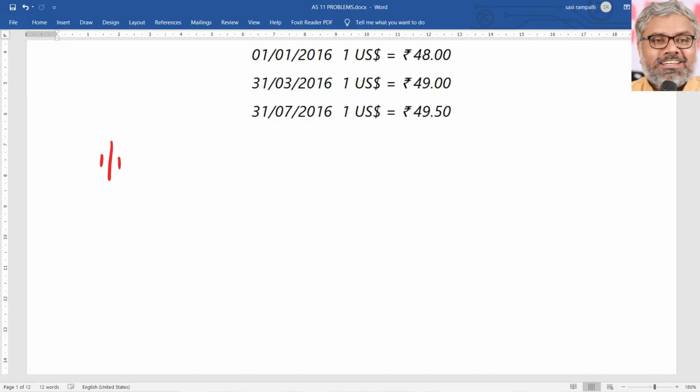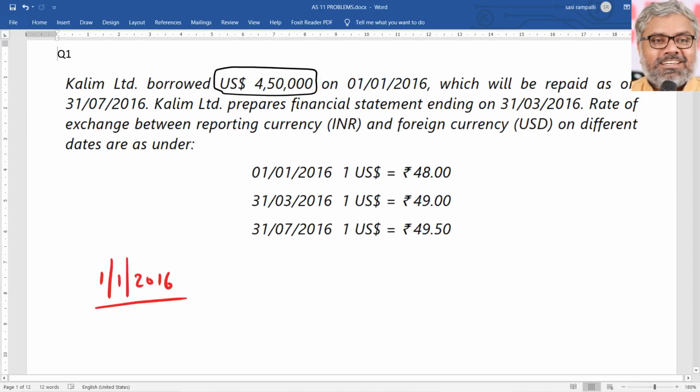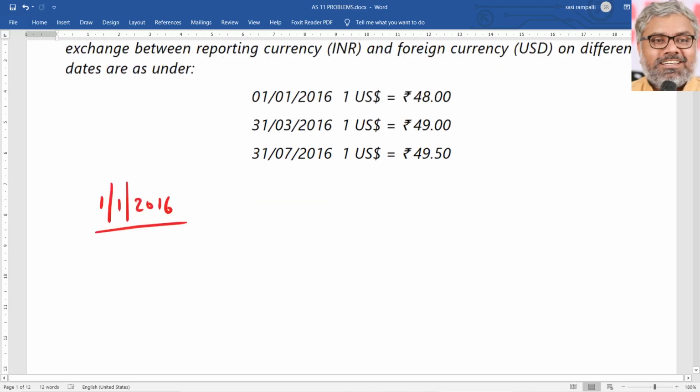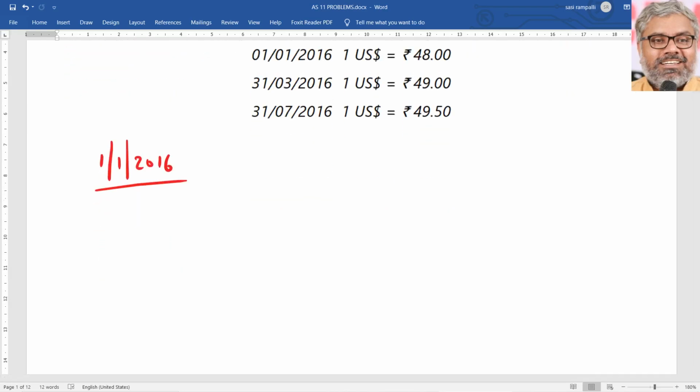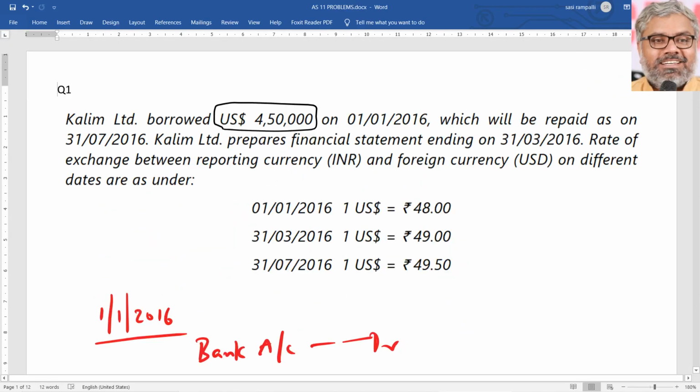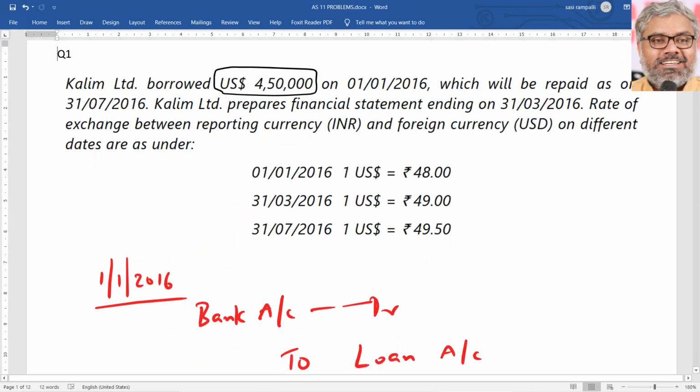So on 1/1/2016, what entry has to be passed? Of course, when we borrowed money, we get money inside. So bank account at R or cash account at R, whatever it is. Let us say bank account at R to loan account, because that is a loan that was taken.